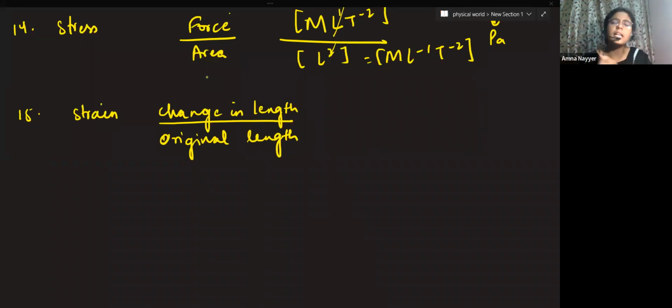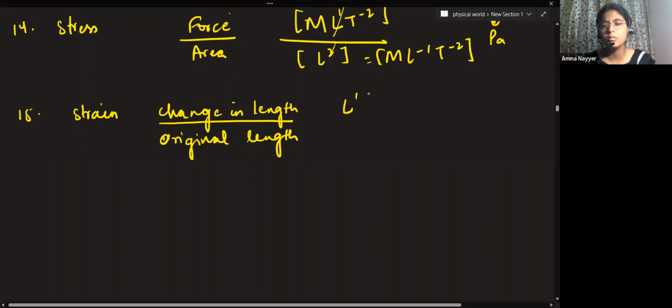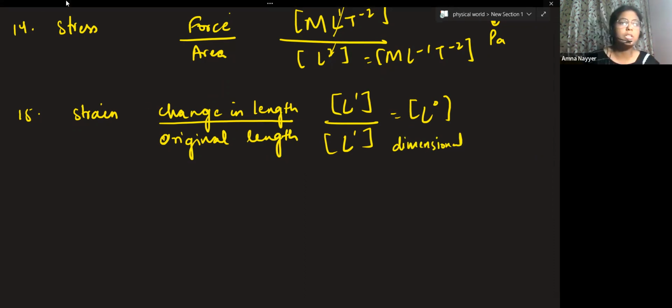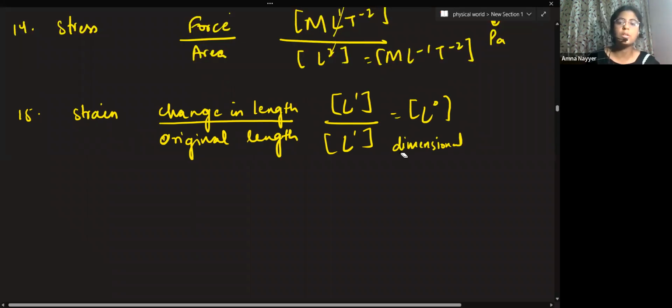Both the units will get cancelled. So if I talk about change in length, L to the power 1, divided by original length, L to the power 1, it becomes L to the power 0. So strain is also a dimensionless quantity. Not dimensional. This is a dimensionless quantity.